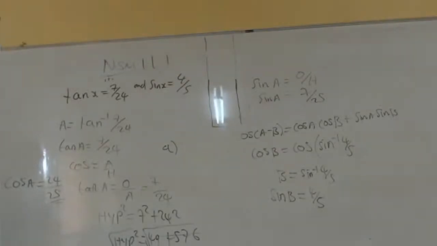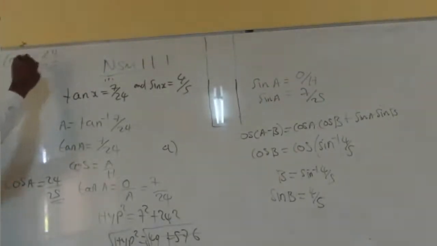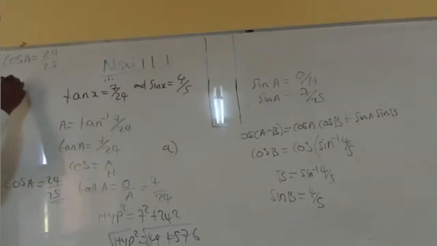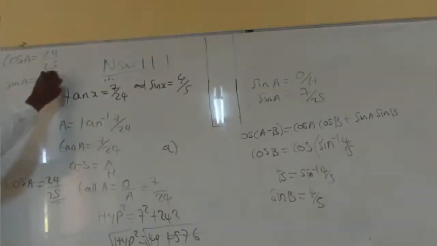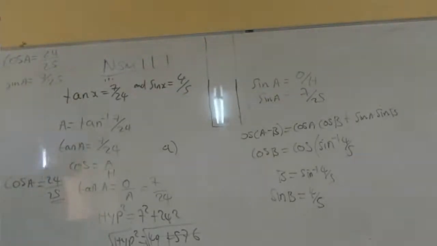Remember, we found sine A as 7 over 25 and cos A as 24 over 25. So let's take note: cos A is 24 over 25, and sine A is 7 over 25. Now we have found sine B as 4 over 5.